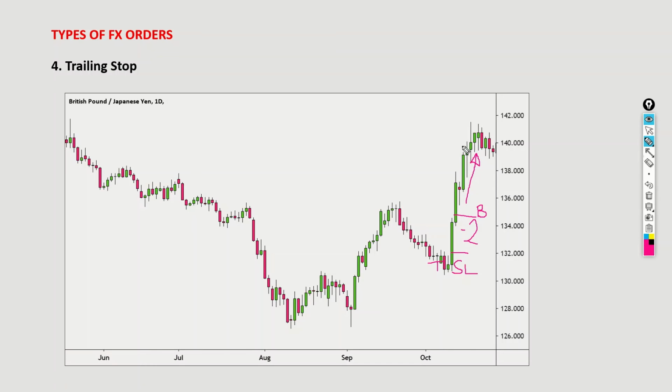So if the price reaches this level, this stop loss will be shifted 2 pips below the current price, and then it goes down here. That's what we call the trailing stop loss.